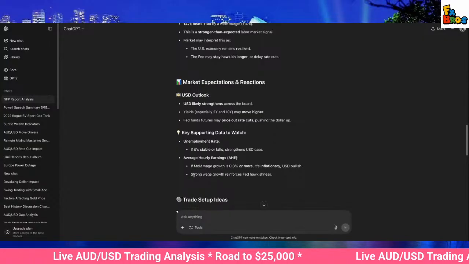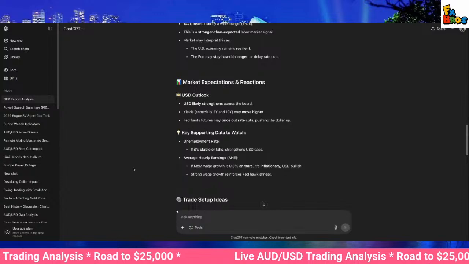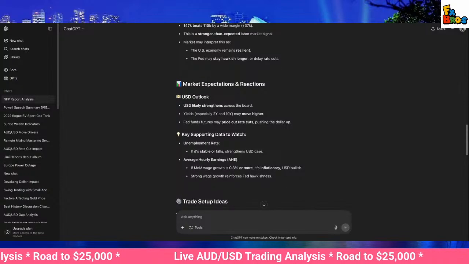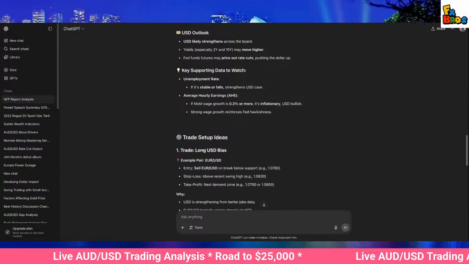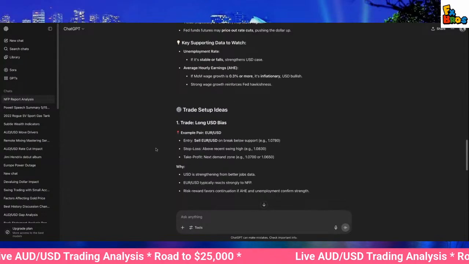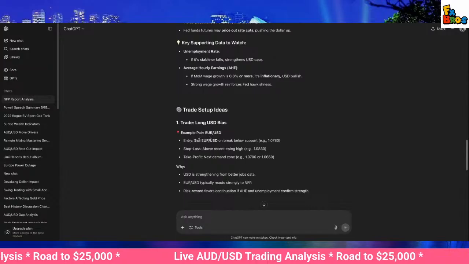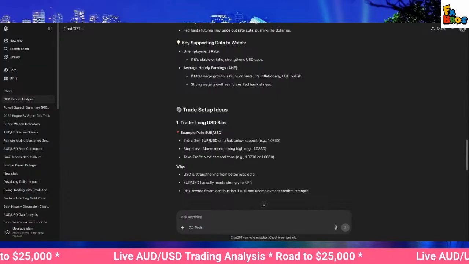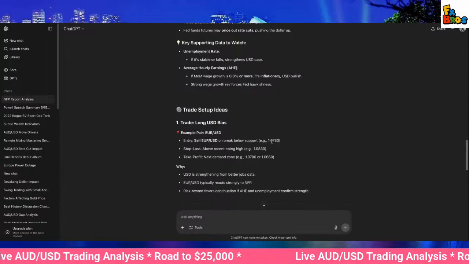USD is bullish. Strong wage growth reinforces Fed hawkishness. Trade setups. Trade long USD. Example, Euro USD. Sell Euro USD on break below support 1.07.